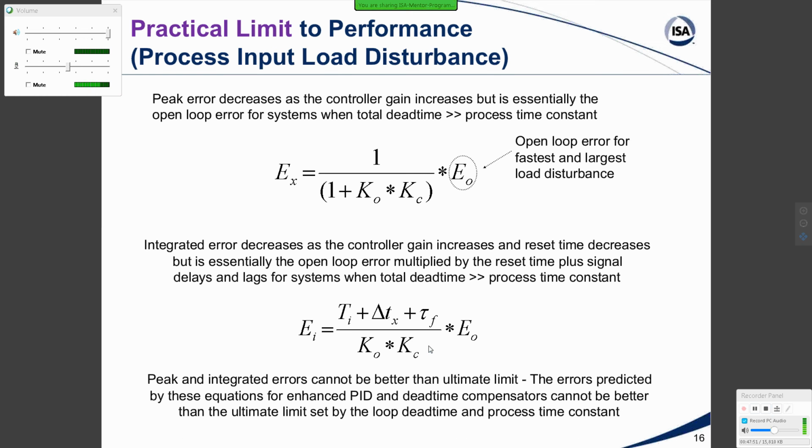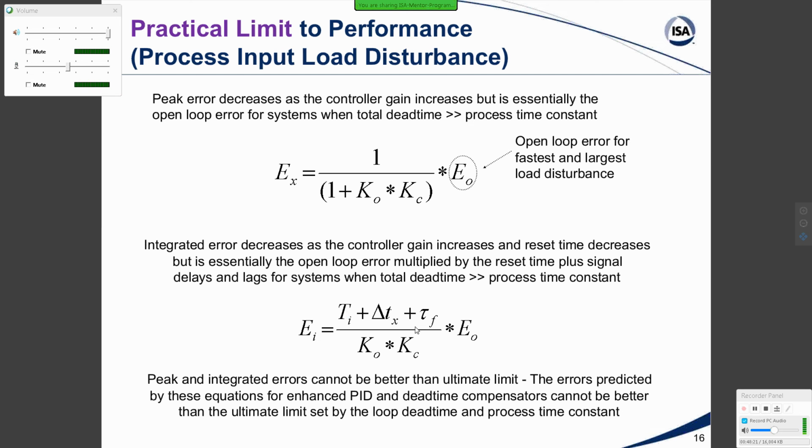So the peak and integrated errors cannot be better than the ultimate limit. The errors predicted by these equations for an enhanced PID and dead time compensator cannot be better than the ultimate limit set by the loop dead time and process time constant. In other words, if we use an enhanced PID or dead time compensator, we can use really high gain and small reset times.